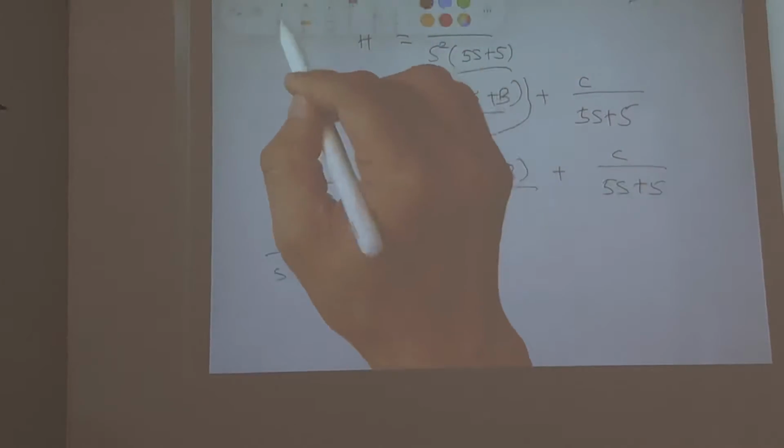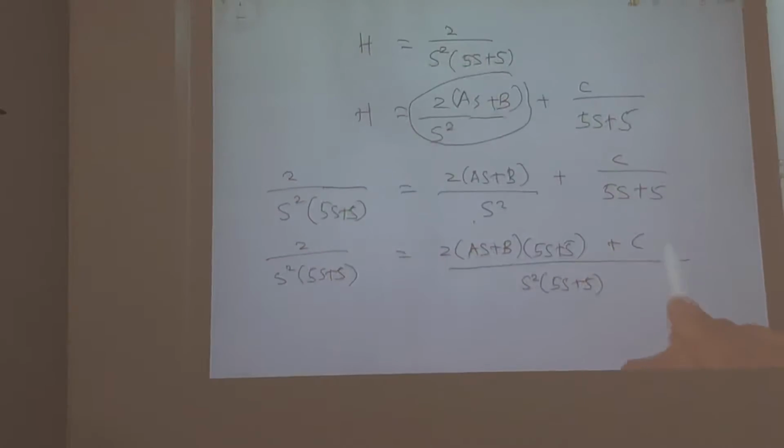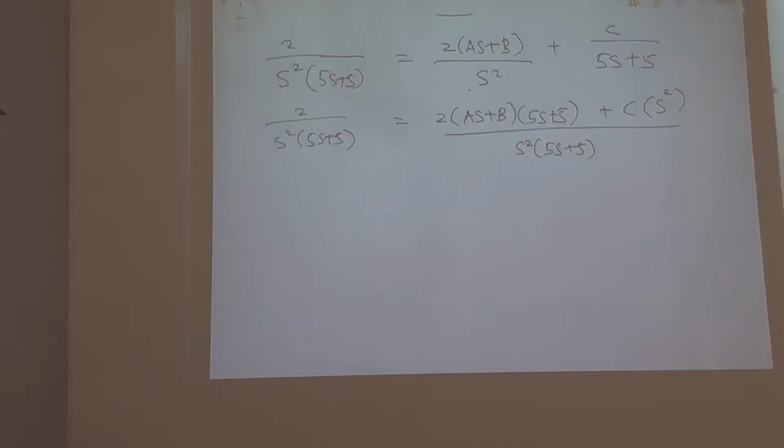Plus. The top one got 2 equals As plus B multiply 5s plus 5, divided by s power 2 times 5s plus 5, plus C multiplied by s power 2. Correct?